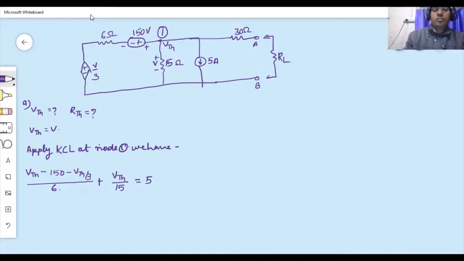Since no current will flow through this 30 ohm resistance, the current equals 5. So by this we can calculate VTH.